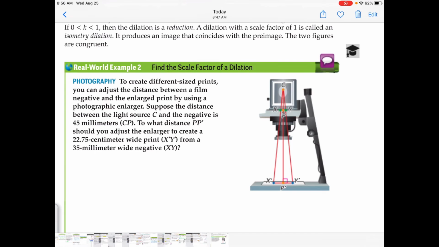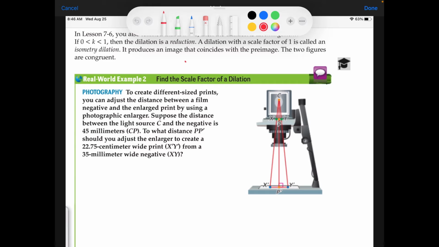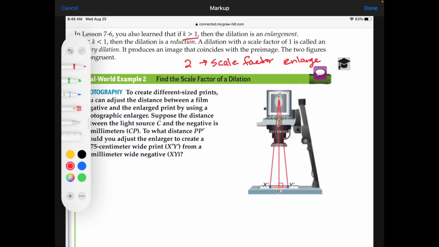So now, what does it mean if we have a large number? Let's say that you want to scale it by 2. If you have a whole number that you're going to be multiplying, this would be your scale factor. If 2 is your scale factor, then that means that you're wanting to enlarge the figure, right? If K, and we use the letter K to represent our scale value, is greater than 1, then it means we are enlarging it.